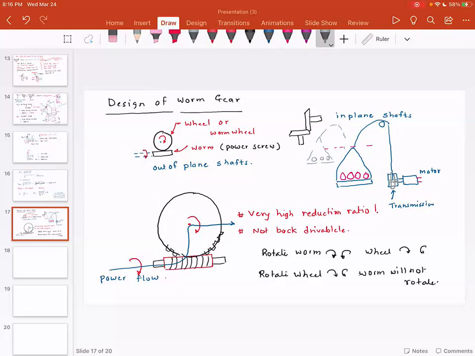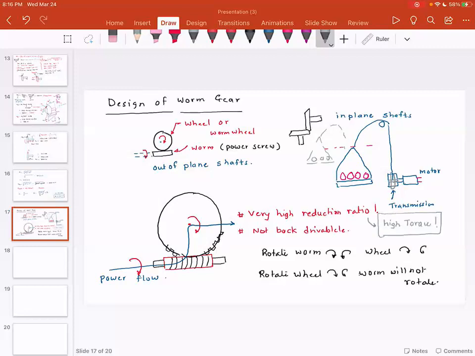And because of the high velocity ratio, high reduction ratio, you get very high torque. This is a super important phenomenon.